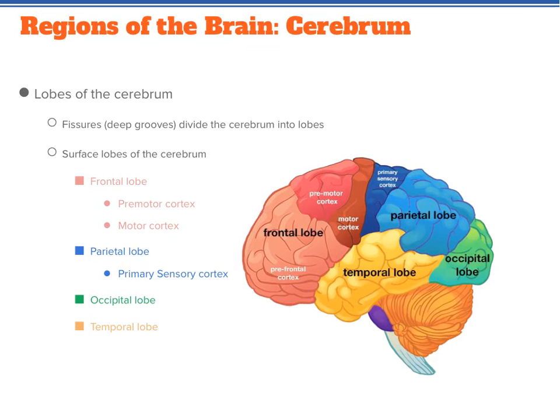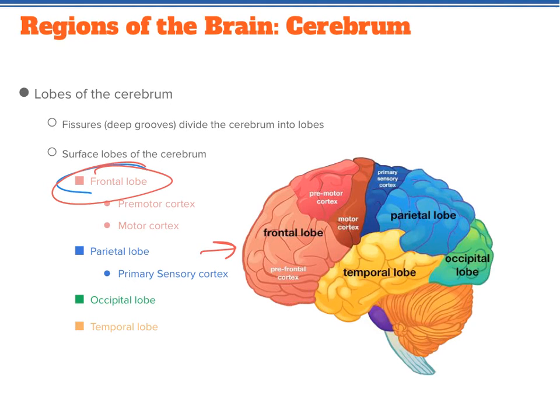Now, hopefully you remember a little bit about this from freshman bio, and this also relates to the skull bones we learned about in the skeletal system. The different lobes of the brain have the same names as the bones that cover them. We'll look at this picture, and then we'll talk about what these do. First, the frontal lobe, which you see in red.